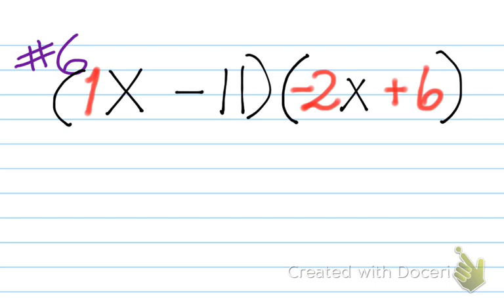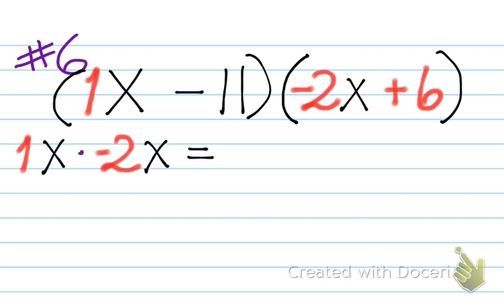Since there's two polynomials in the first set and two polynomials in the second set, we should have a total of 4 products, starting with positive 1x times negative 2x. We do the exact same thing.